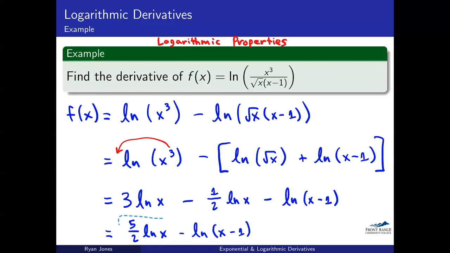And I'll go ahead and copy this onto a new page here. All right, so this is our new f of x. Well, I shouldn't say new. It's the same f of x, but it's just rewritten, just simplified a lot.